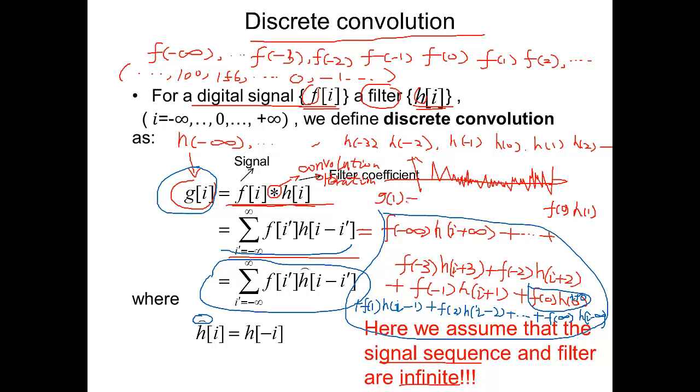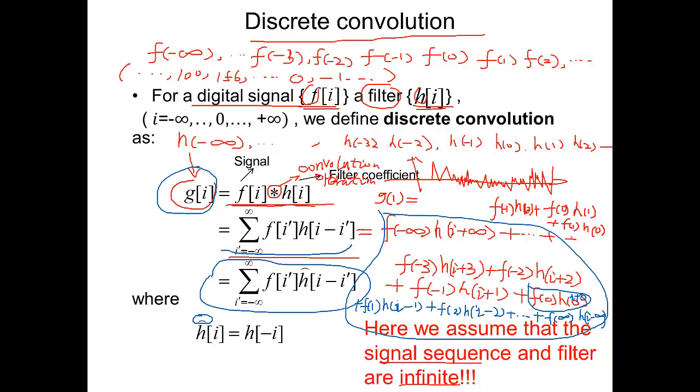That's the first thing. Then you see h2 should be multiplied by f negative 1. Then f1 should be multiplied by h0.